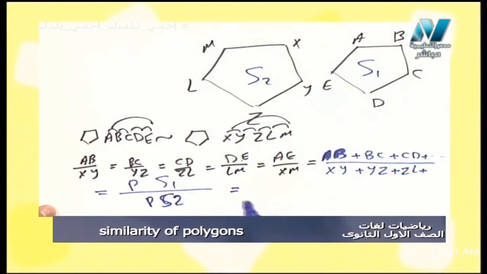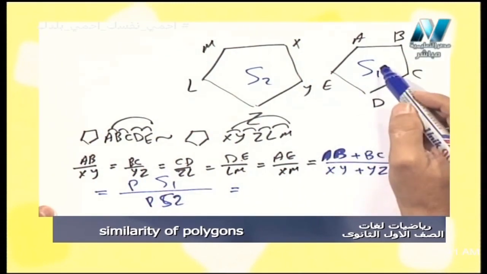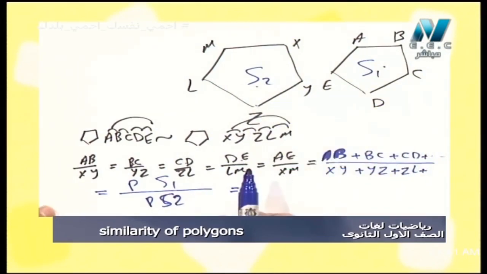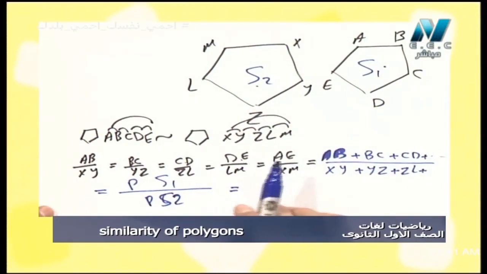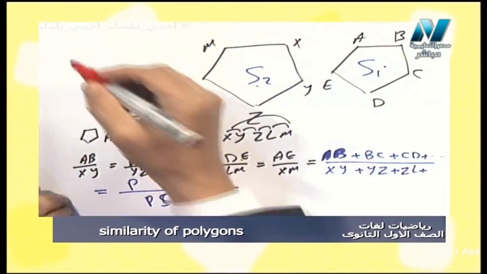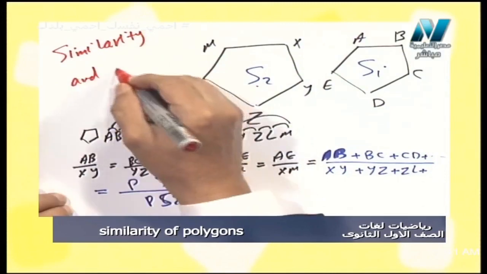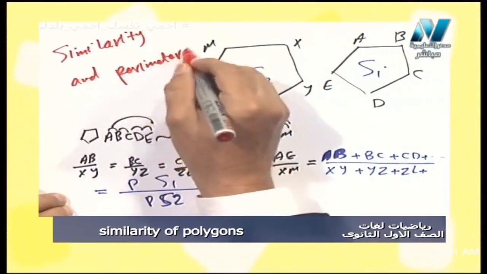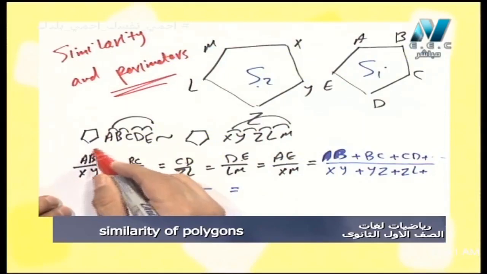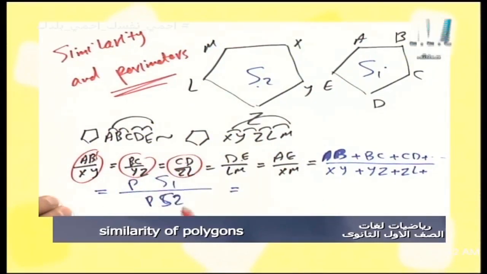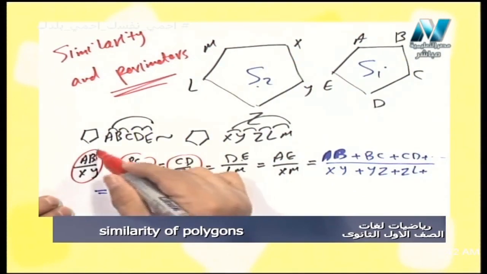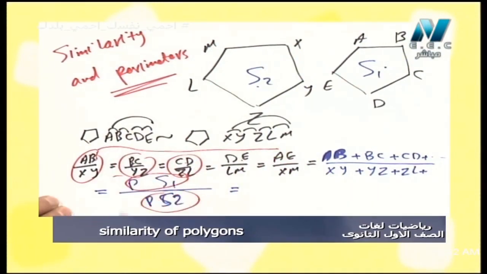So we can say that the first ratio equals the second equals the third and so on, equal to the perimeter of the first over the perimeter of the second. It's a very important rule about similarity. We can call it similarity and perimeters. We deduce that each of these ratios equals the perimeter of the first one over the perimeter of the second one.